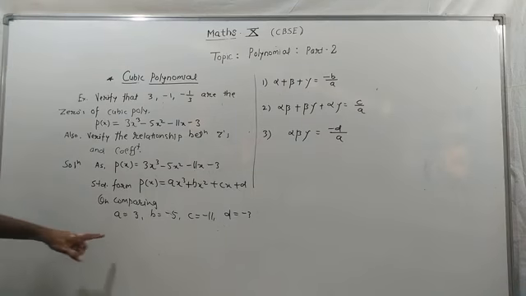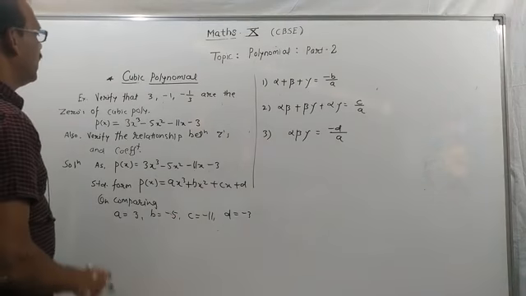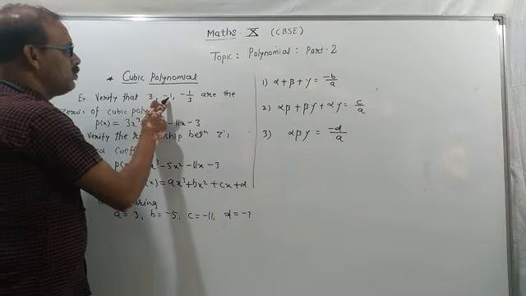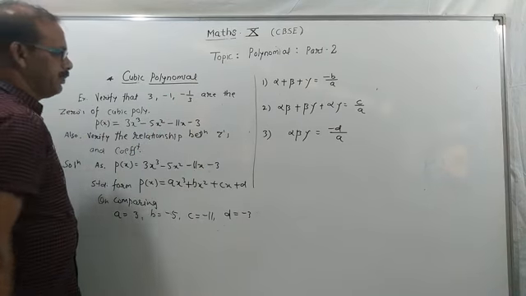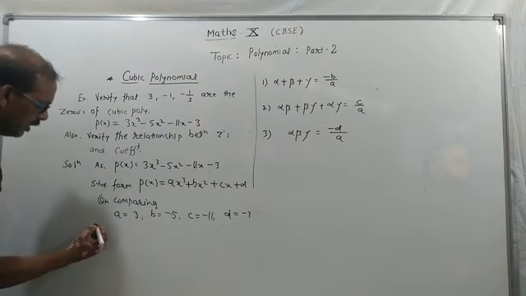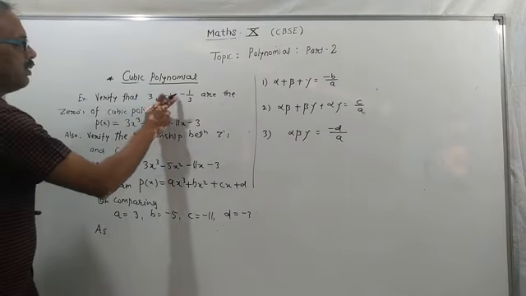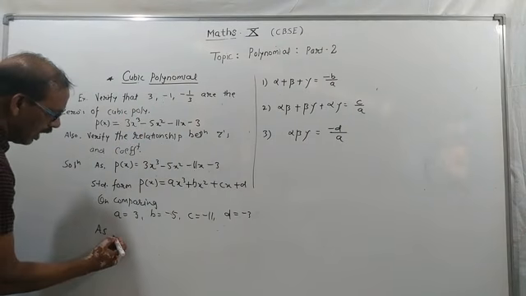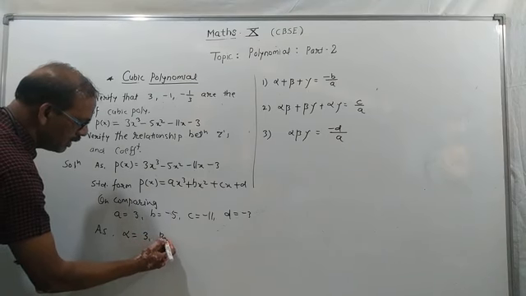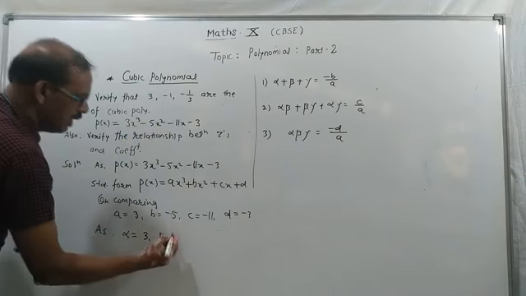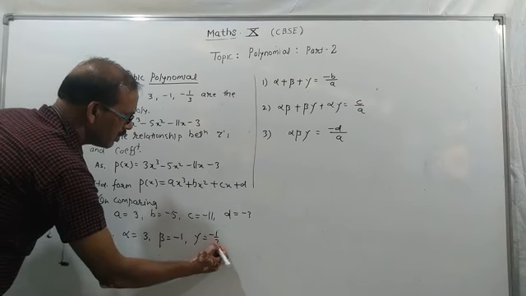So first find the values of a, b, c, d. It is already given that 3, minus 1, minus 1 by 3 are the zeros of cubic polynomial. This given, write here as values of alpha, beta, gamma are 3, minus 1, minus 1 by 3. As alpha is equal to 3, beta is equal to minus 1, and gamma is equal to minus 1 by 3.